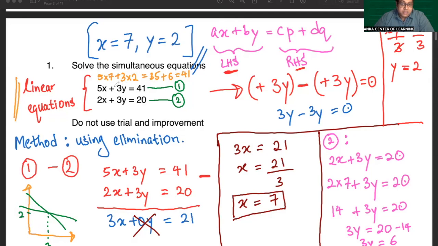You can always plot and see for yourself. If you would like, you can take some time and see the two graphs intersecting, and that will be x equals 7 and y equals 2.